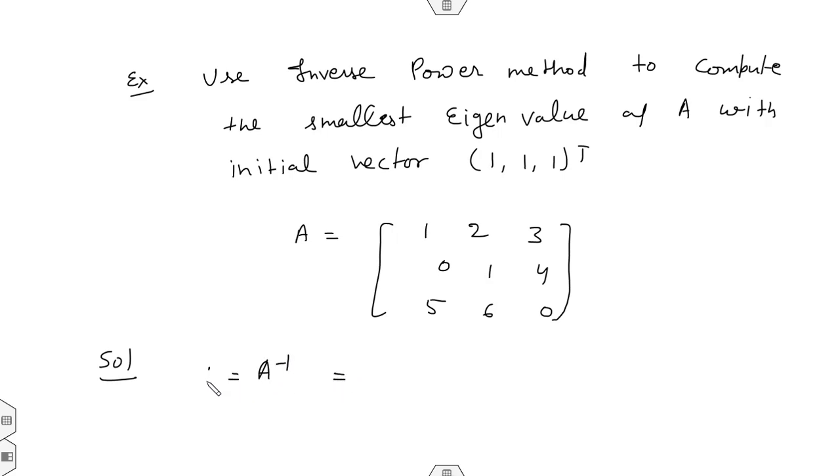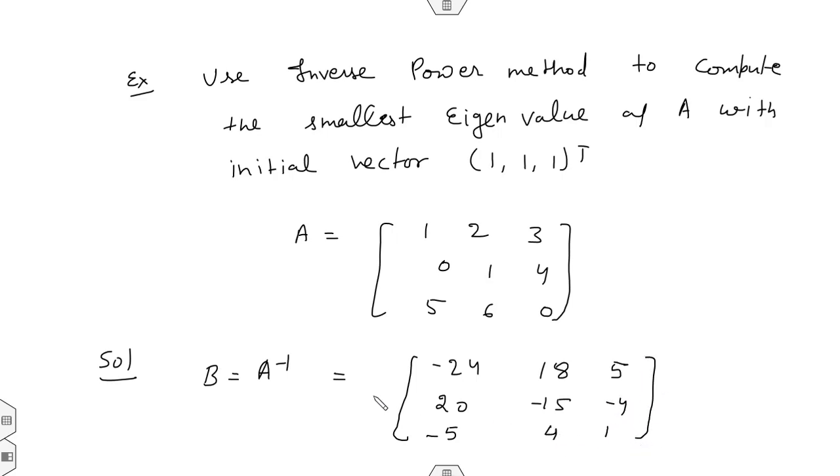Let us represent A inverse by B. It comes out to be [-24 18 5; 20 -15 -4; -5 4 1].